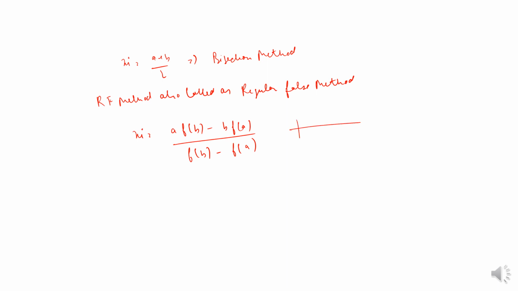Here it is the same a and b on the number line, and like f of a is less than 0 and f of b is greater than 0. If we have something like this, then with the help of the regula falsi method we can compute xi.